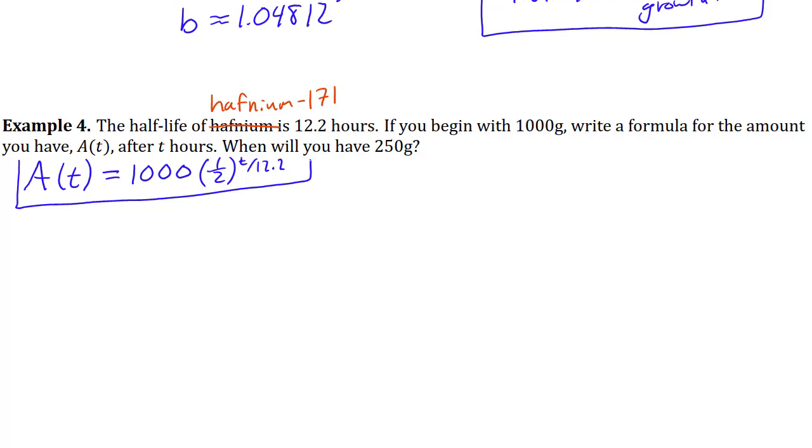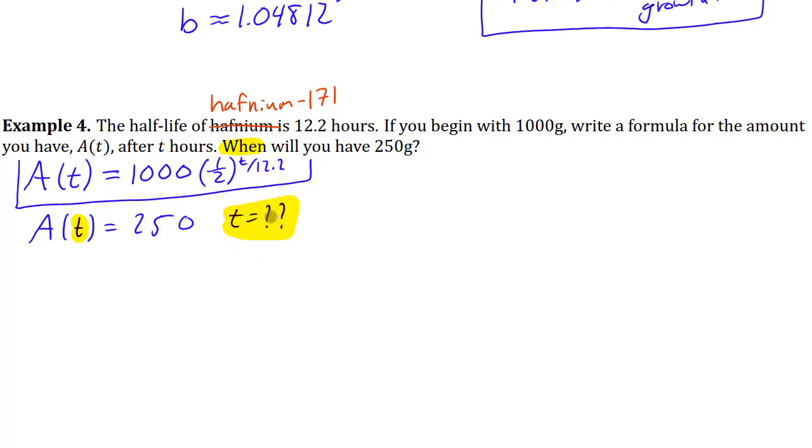Okay, so to figure that part out, this is the harder part of the problem. We're saying the result, the amount, is 250, but we don't know the when. That's how much time it takes to get that.